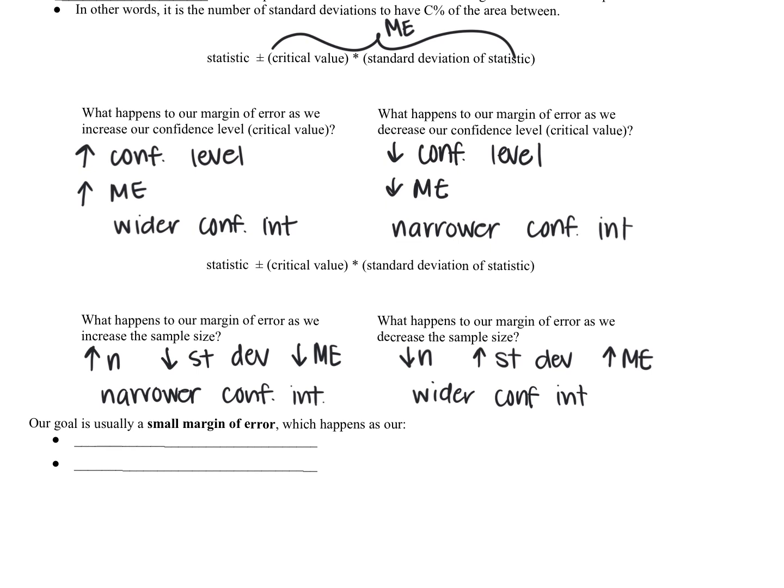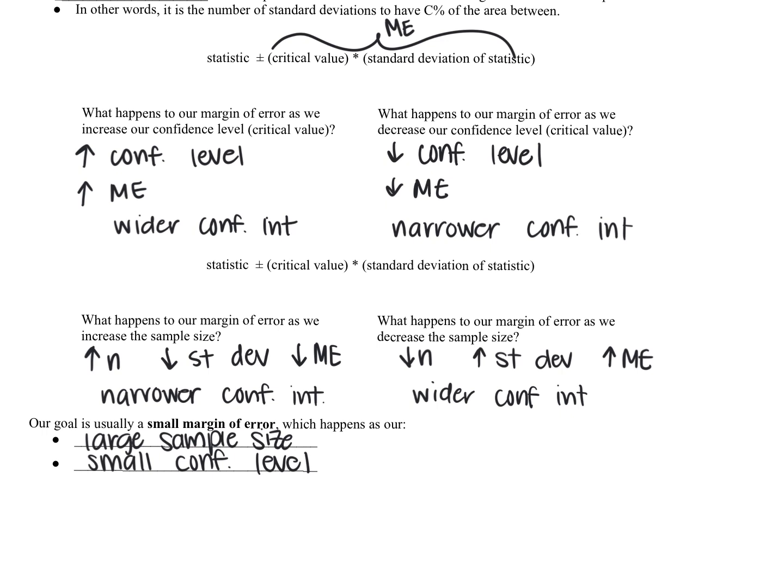So there's two ways you can get a small margin of error. You can either have a large sample size, because as we saw, large sample size, lower margin of error, or you can have a smaller confidence level.